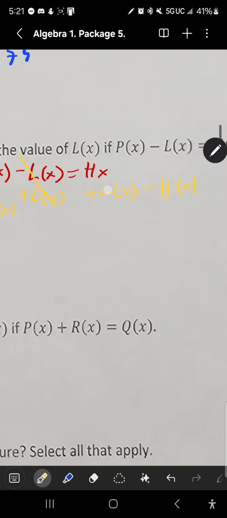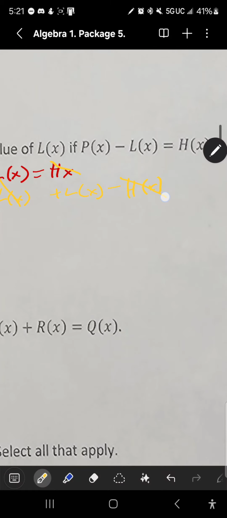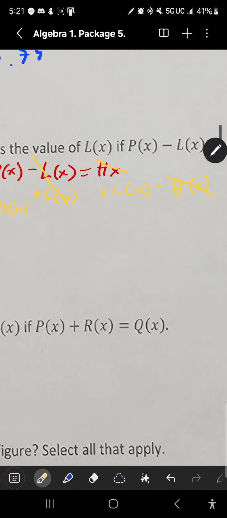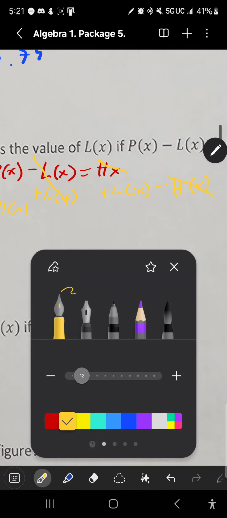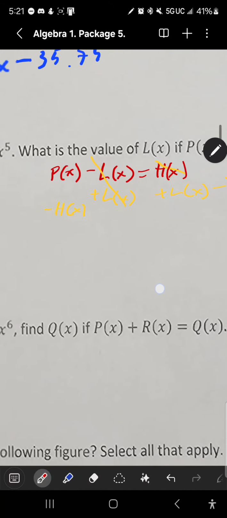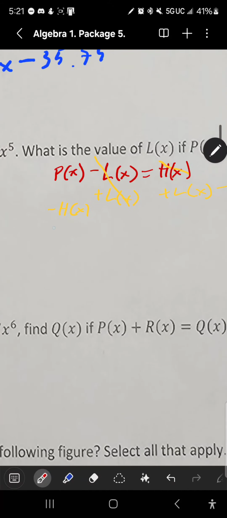This here will cancel out, and this here will also cancel out, because negative l(x) plus l(x) is just 0, and h(x) minus h(x) is just 0. So I'm left with p(x) minus h(x) equal l(x). And this is what we're trying to solve.